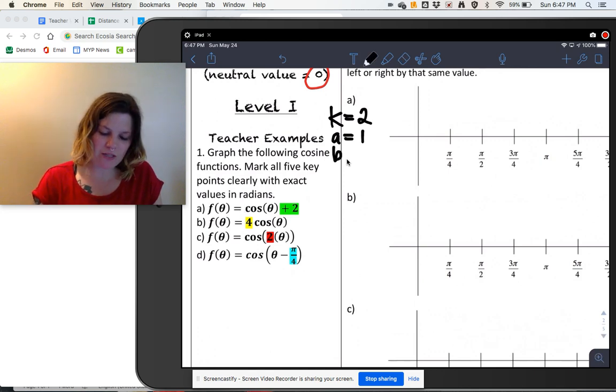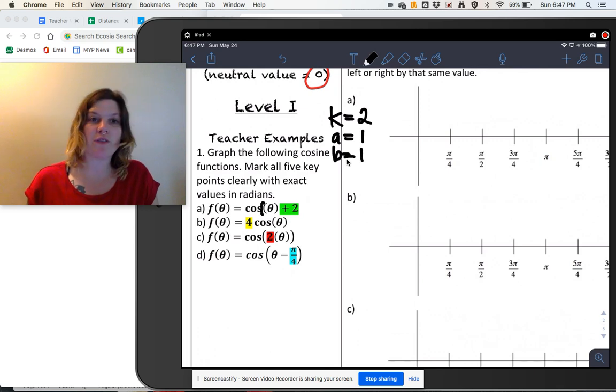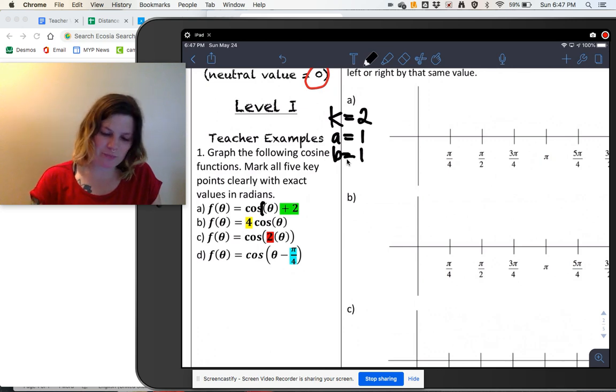Our b value is 1 because there is a secret 1 in front of the theta. So again, that's our neutral value for theta, or for b. And then finally, we're looking for our h value. There's nothing being added or subtracted from theta, so that's 0 there. So that is going to be also a neutral value.